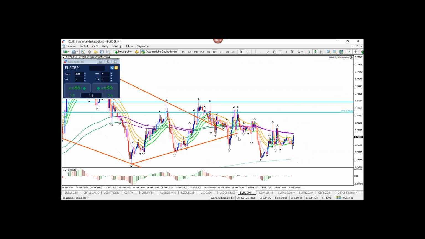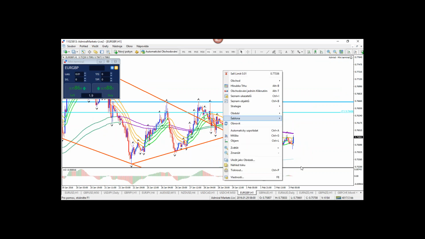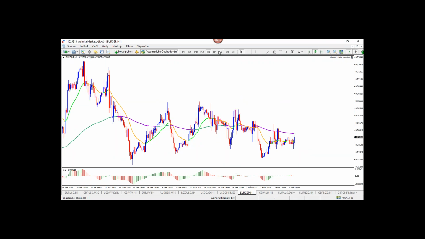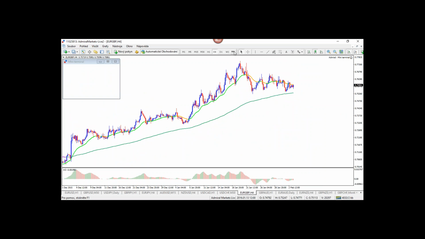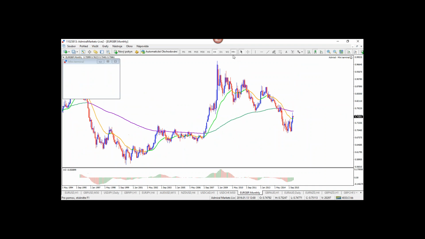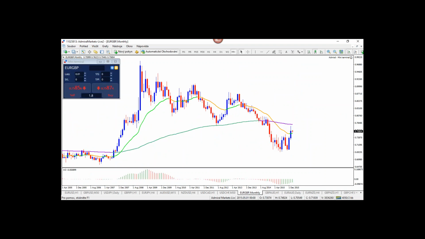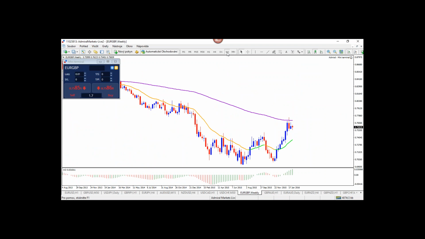Euro pound is very messy, so let's simplify it. Well, we got bullish candle last month. Bit of a pause on the weekly.